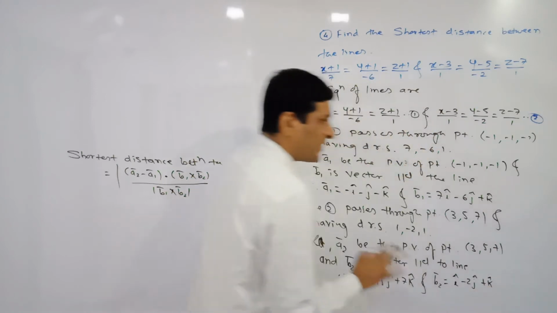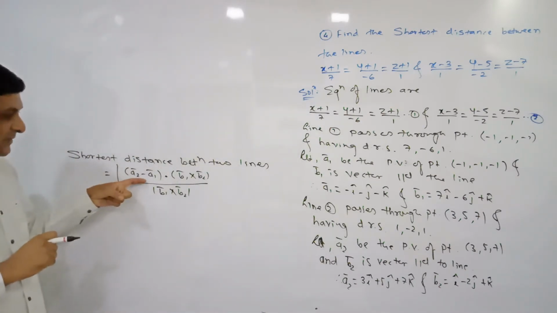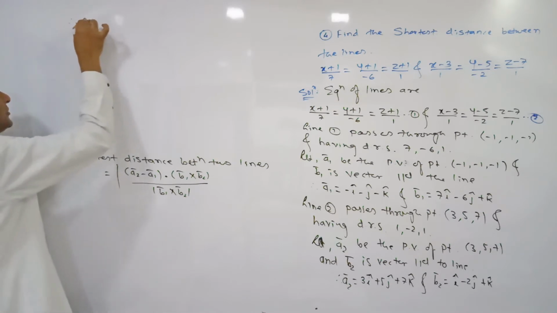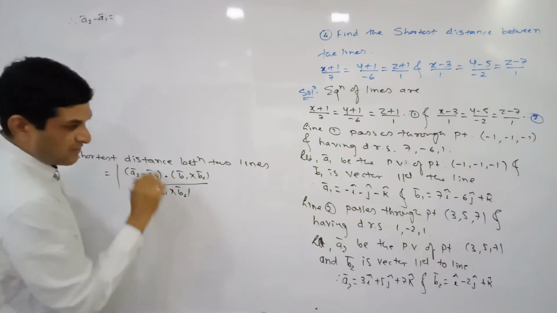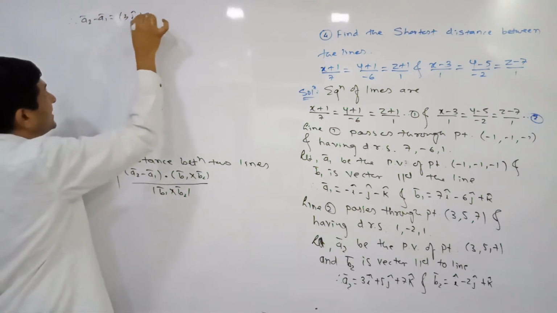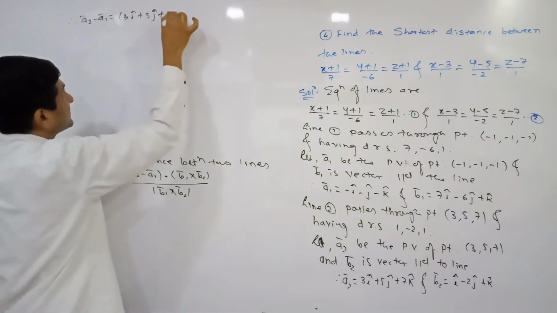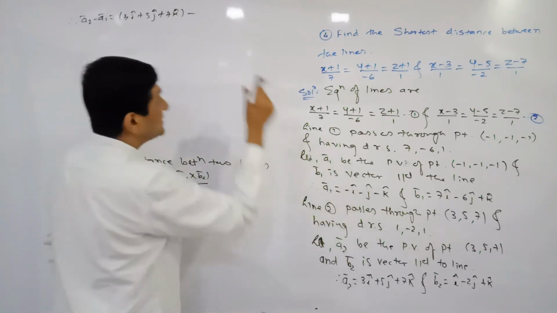Once these four values are known to us, now observe the numerator here. First we'll require the value of what? A2 bar minus A1 bar. So A2 bar minus A1 bar is equal to, observe, the value of A2 bar is 3i cap plus 5j cap plus 7k cap minus A1 bar. What is the value of A1 bar here?